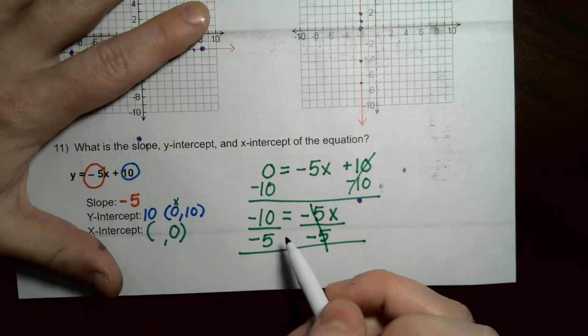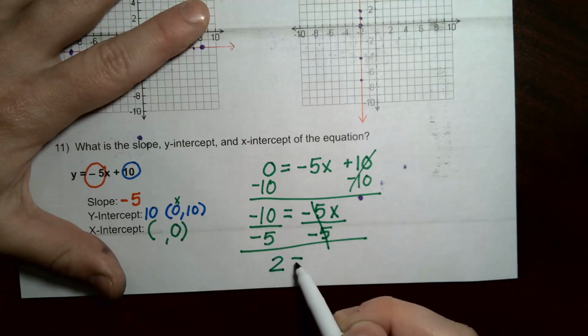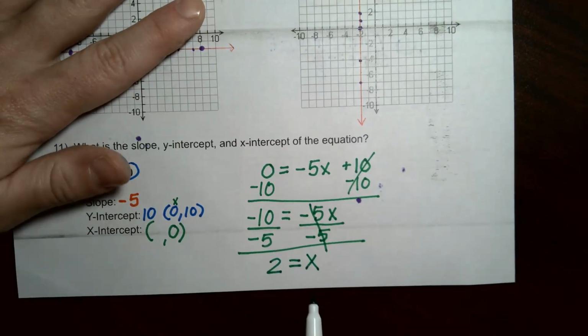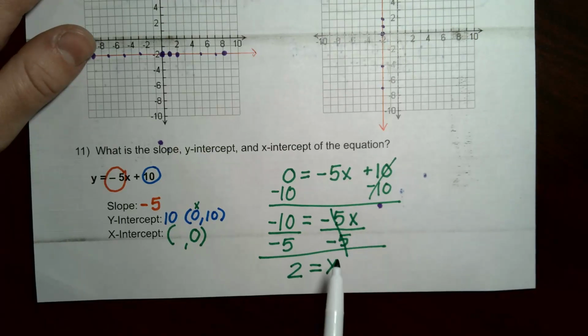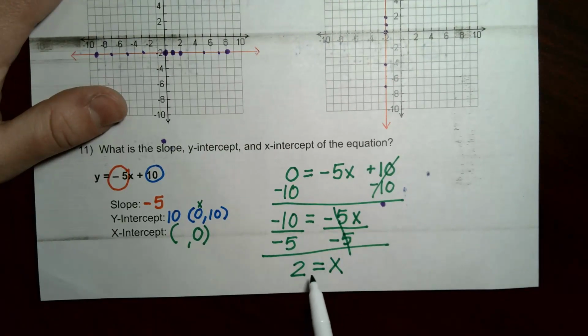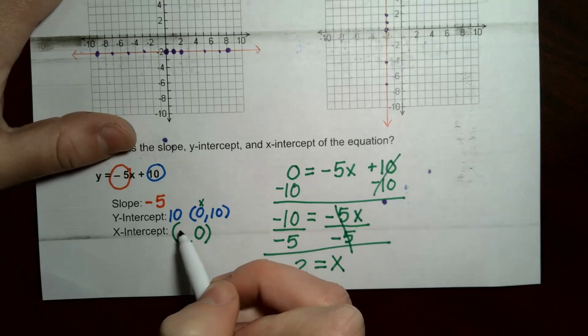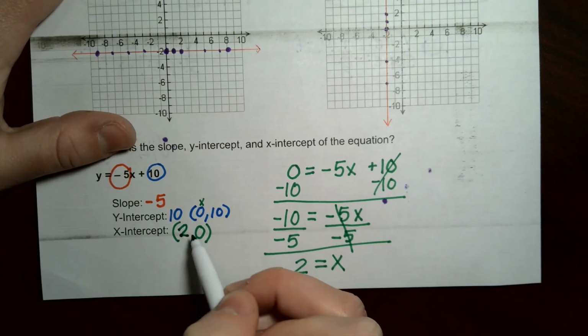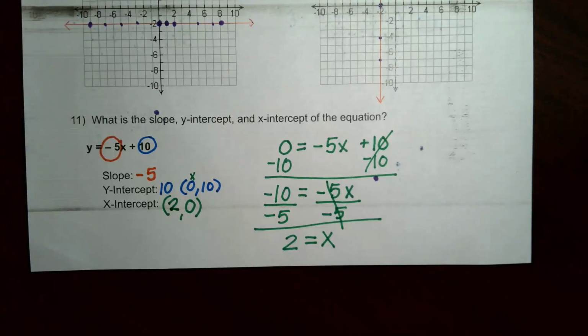Positive 2. Those negatives cancel each other out. So 2 is x. And then what am I going to do with that answer? Circle. You could circle it, absolutely. I really want to put it over here. Yeah, we're going to make sure that we fill that coordinate in because this is where your answer needs to be. All right, guys. Any questions about that?